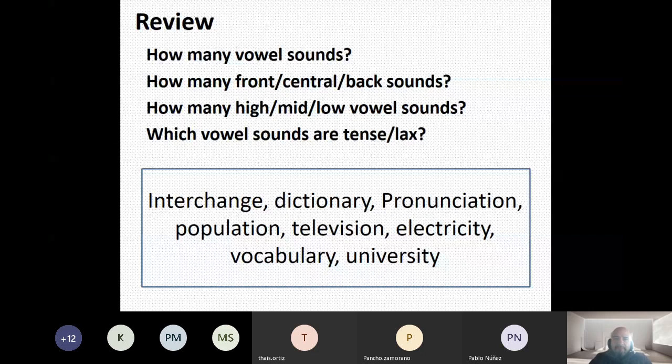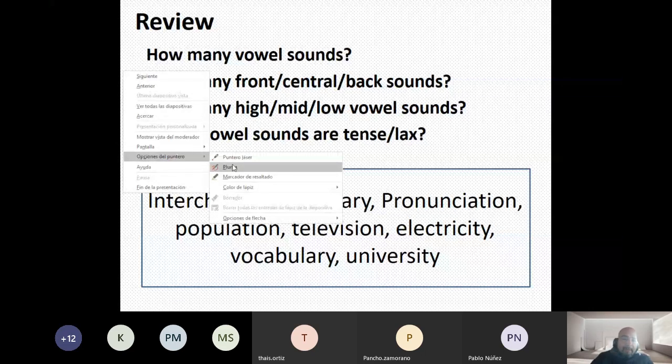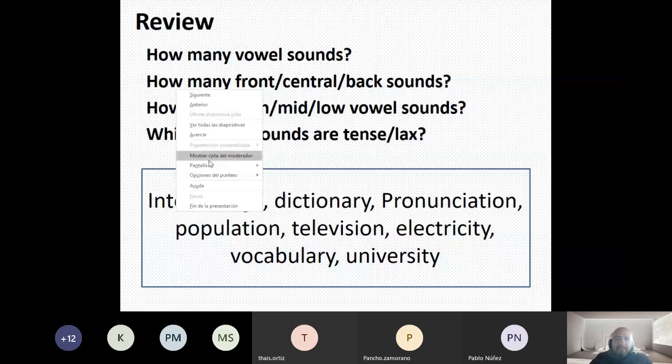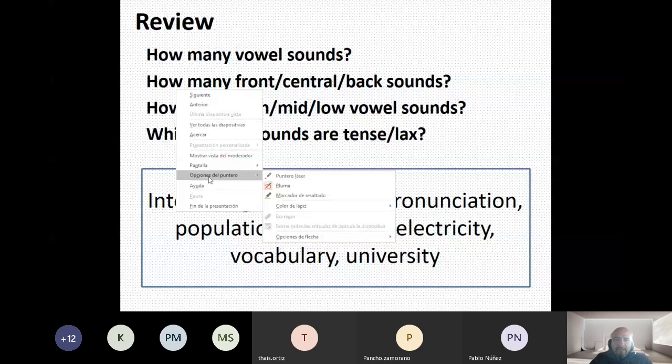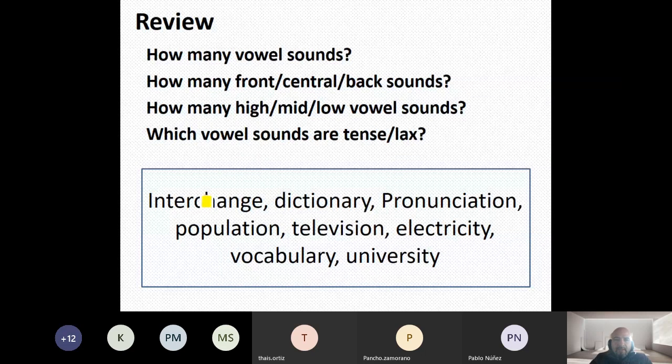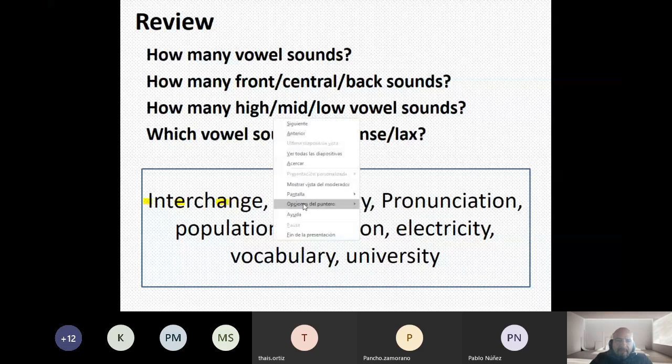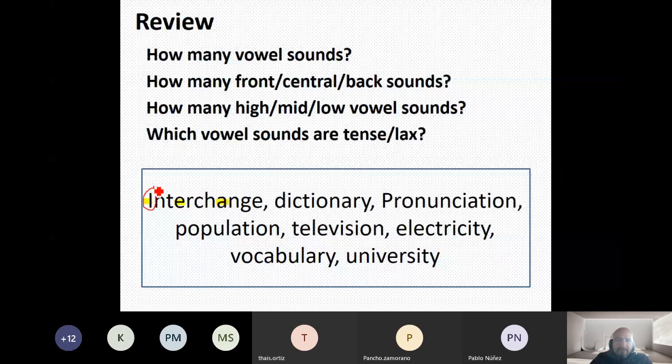For example, in the word interchange, you should be able to tell which are these monophthongs and how many of them are present. Okay, for example, interchange. How many monophthongs? You should be able to tell that this is a monophthong, this is a monophthong, and the last one, it's a combination of two, which is a diphthong that we will see in the next minutes.